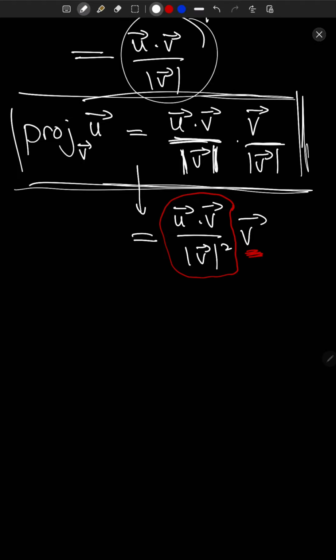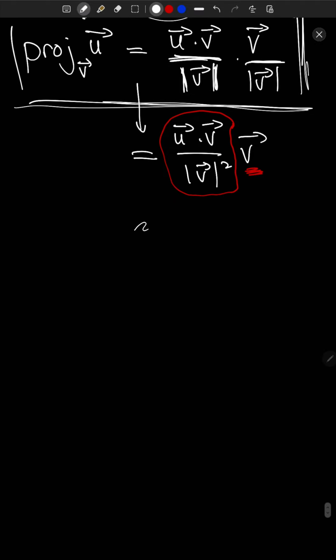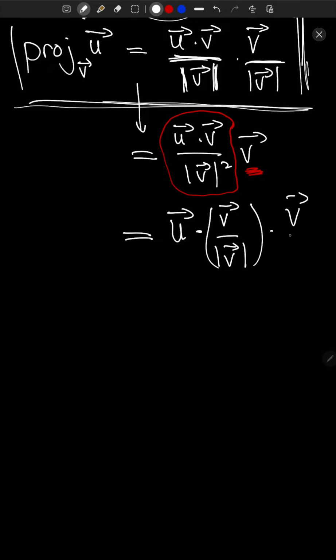Another way we often write this, perhaps not as much in our class, is like this. It's the same thing, I've just moved things around a little bit. This is a nice way of writing it because in this expression, the v vectors are unit vectors.